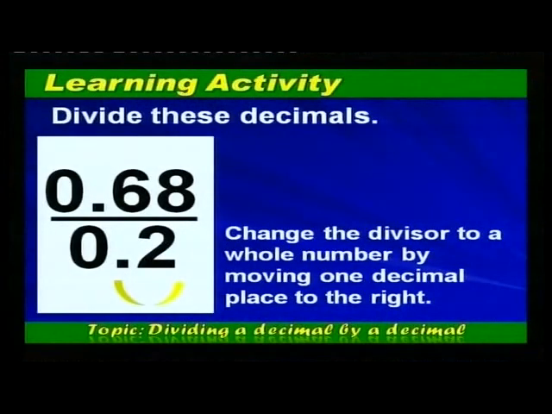Now, when you move one decimal place to the right, it is the same as multiplying by, can someone guess? In your previous lesson, I believe you learned a bit on that. Yes, let's have Emmanuel.